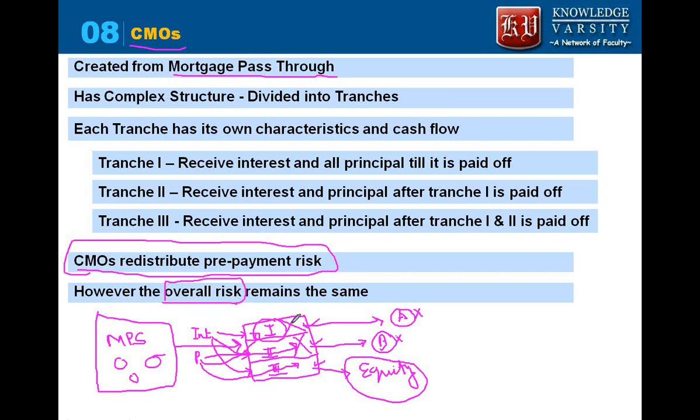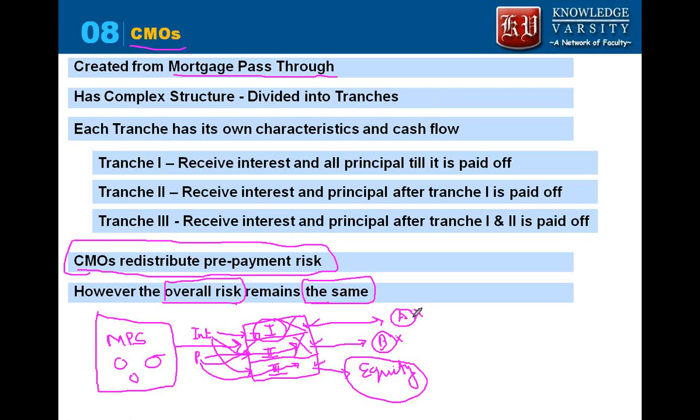If you combine the risk of 1, 2 and 3, it remains the same. There is no way you can change the overall risk. Otherwise people would start creating structures that decrease the risk of some investment, which is not possible. Depending on the investors, highly speculative people will invest in equity securities, while people looking for safe investment will go for bond A.